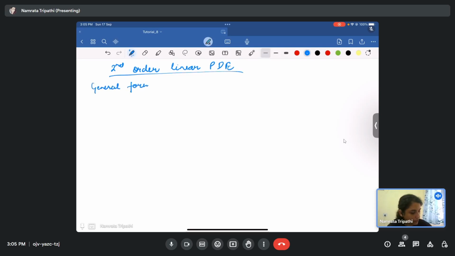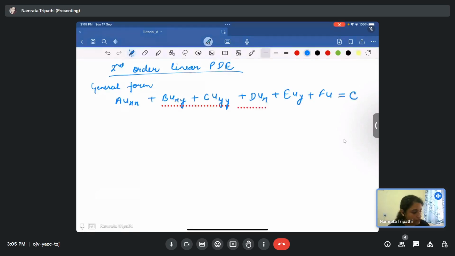The general form is AUxx plus BUxy plus CUyy plus DUx plus EUy plus FU is equal to G. So this is the general form for the second order linear partial differential equation.